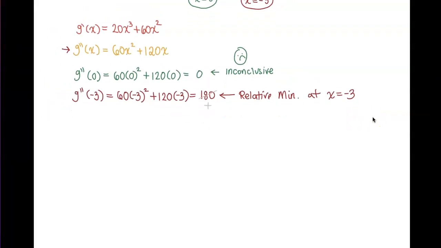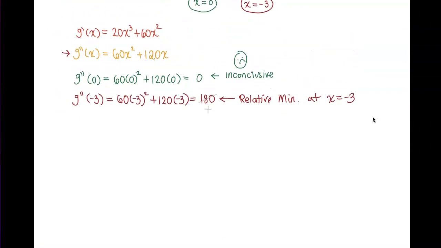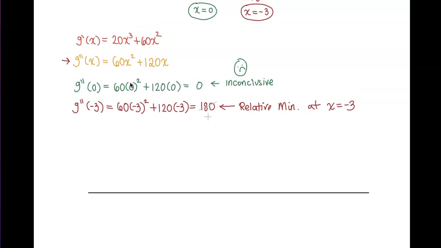So, we have two things to take care of now. This green inconclusive part, I now need to go back to the first derivative test. So sketch a number line and plot the critical values here, okay? The first critical value that is smaller was -3. So I'll put the -3 right here.